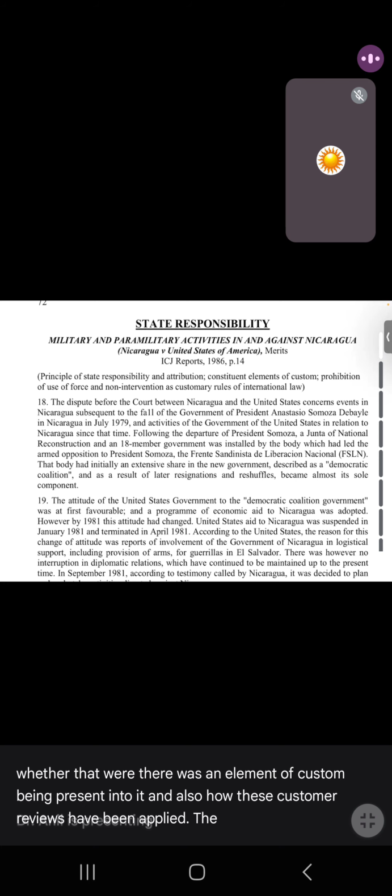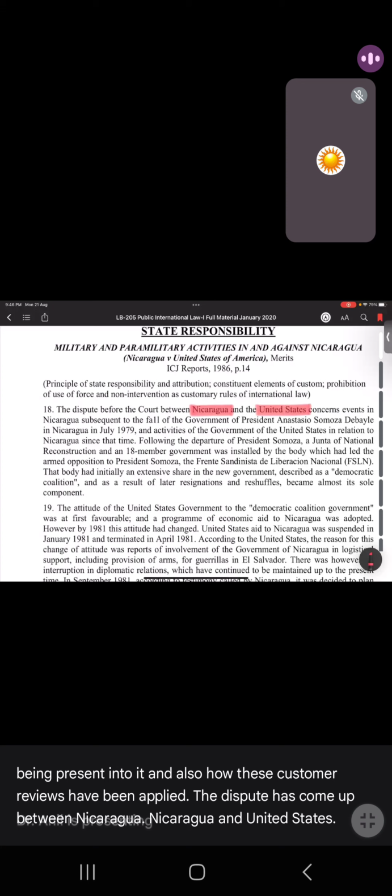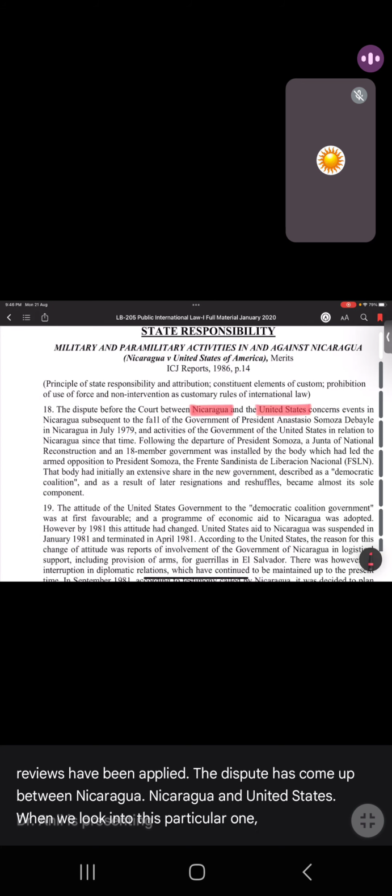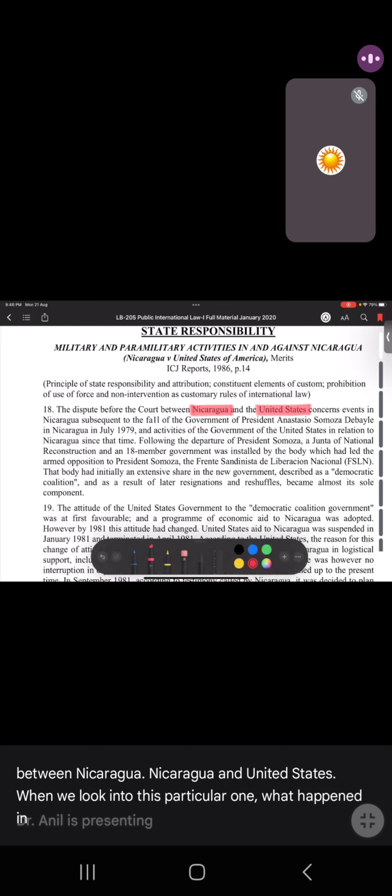The dispute has come up between Nicaragua and the United States. What happened was the United States had exercised control and facilitated Nicaragua with the fall of the government.